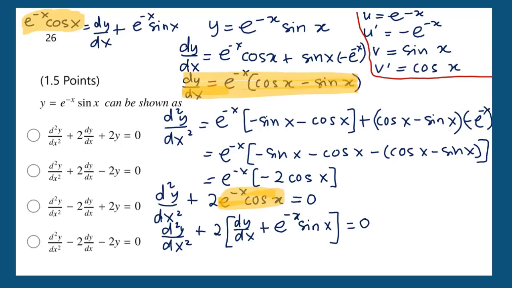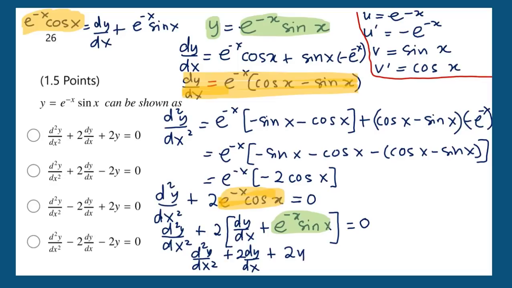You may write this as d2y/dx squared plus 2 dy/dx, and then plus 2y, since you can see that e to the power of negative x sine x equals y.